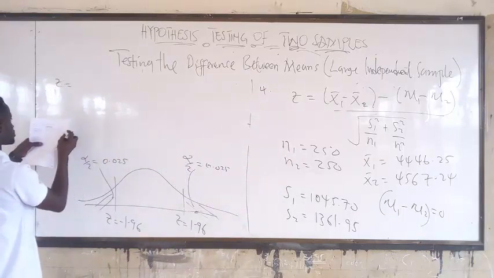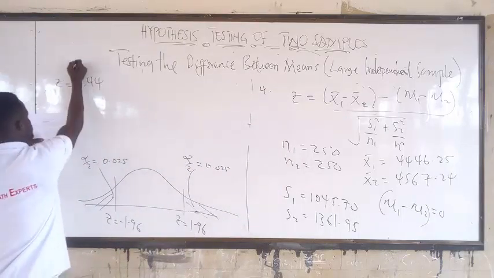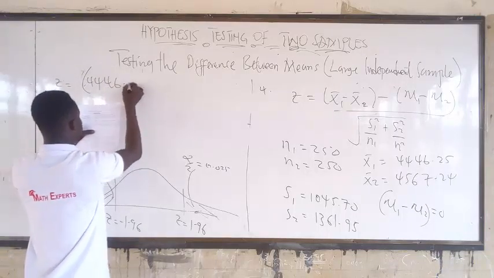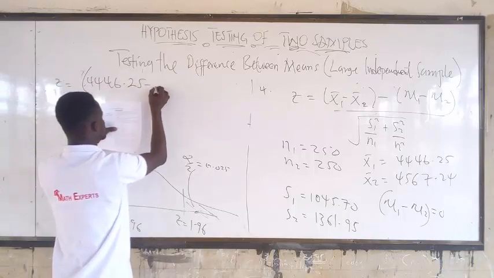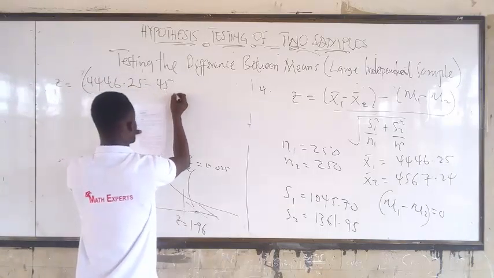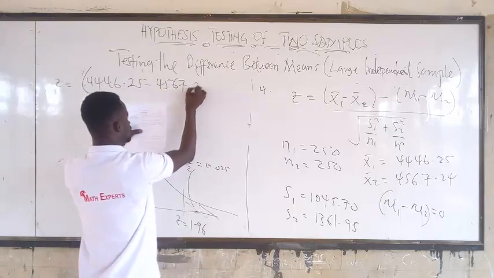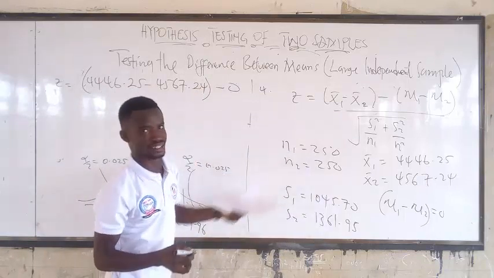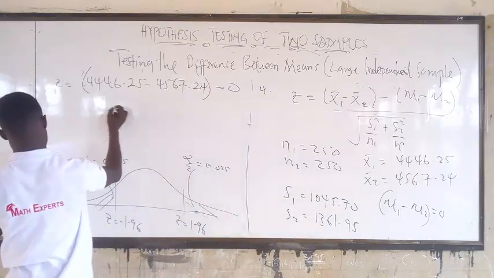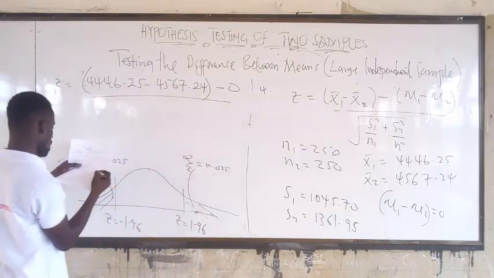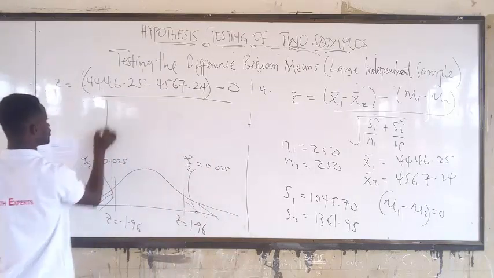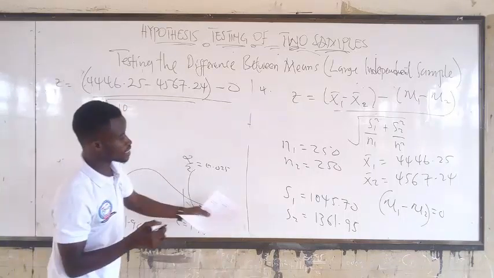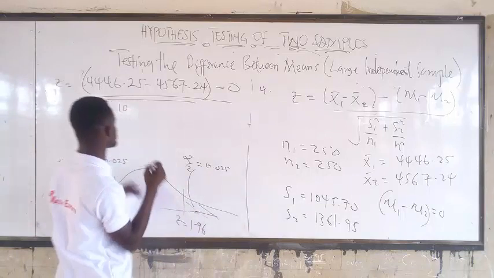So we are going to get 446.25 minus 456.24 minus 0, because all that thing is 0, all this over the first standard deviation, the sample standard deviation.